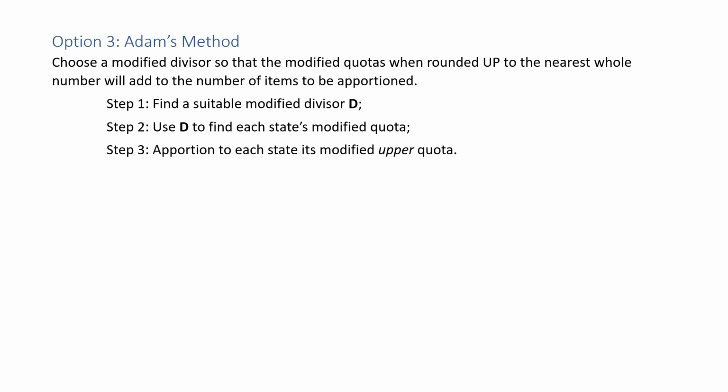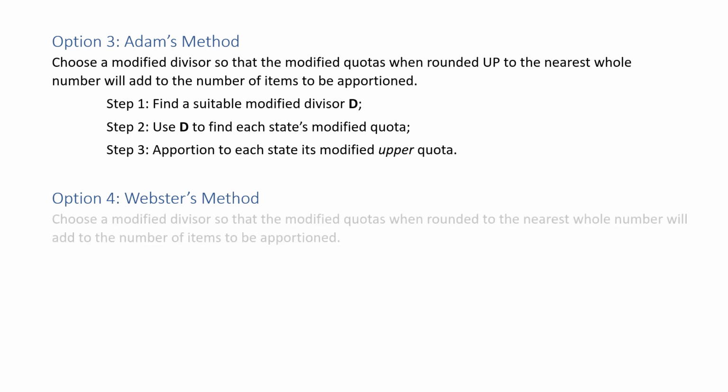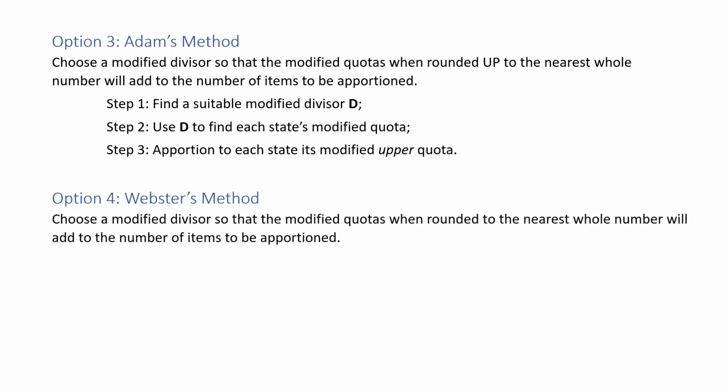And finally, we have option 4 called Webster's method. With Webster's method, again, you choose a modified divisor so that the modified quotas, when rounded to the nearest whole number, will add to the number of items to be apportioned.